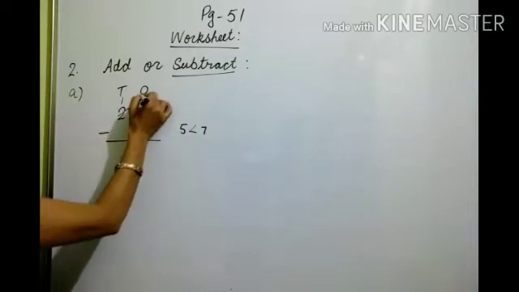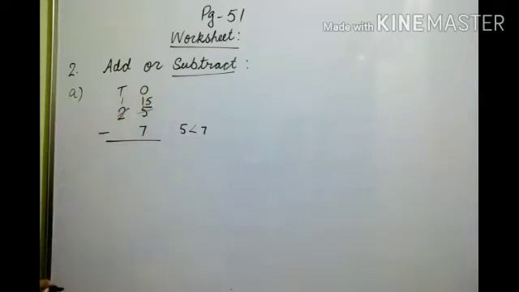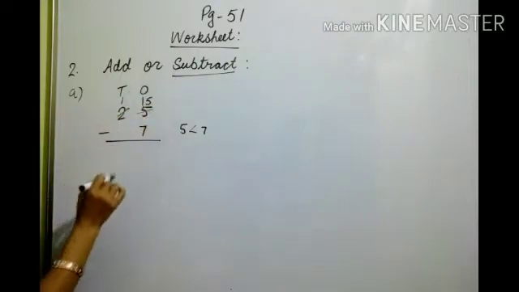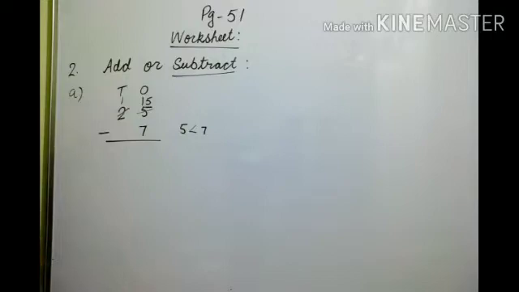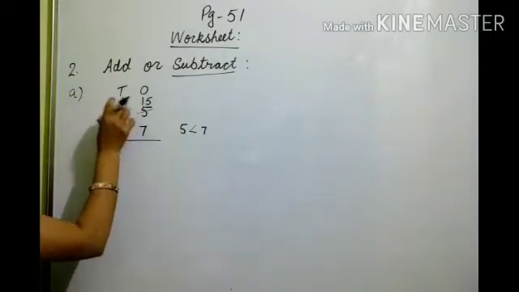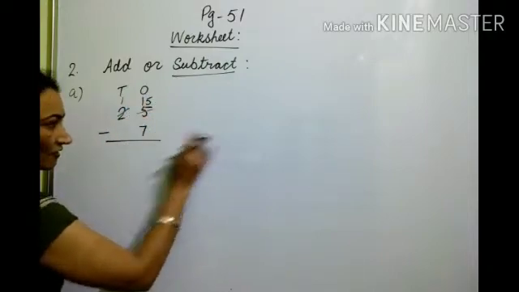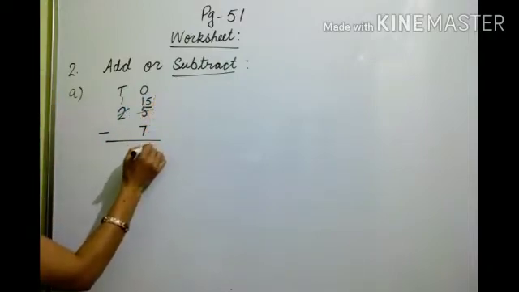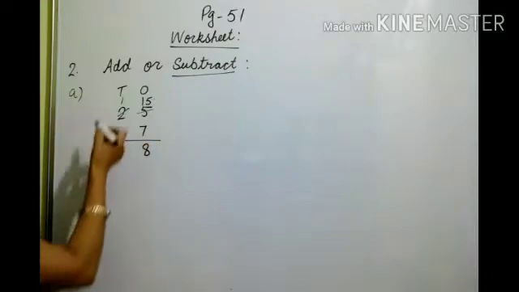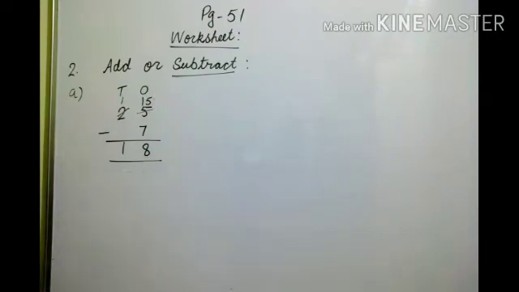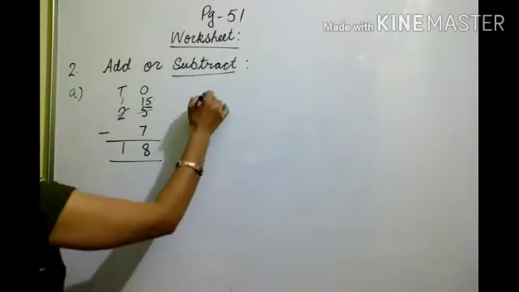Here 1 is left and here it becomes 15, because a ten turns into ones. 5 were already there, and here 10 ones come when we borrow. So it becomes 15. Now from 15 we can subtract 7. 15 minus 7 gives 8. Now 1 is left, so we write 1 as we are not subtracting any digit here. So the answer is 18.